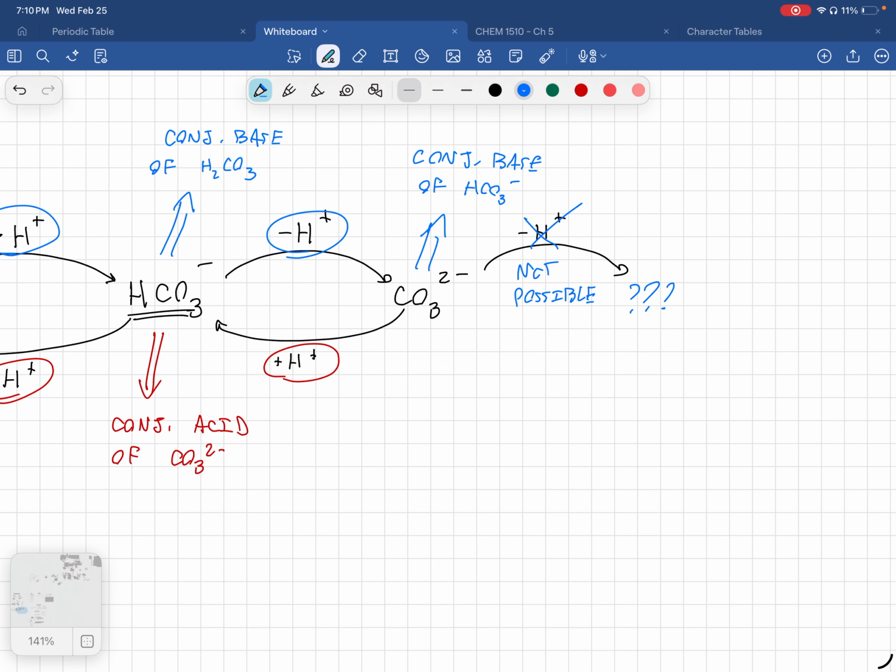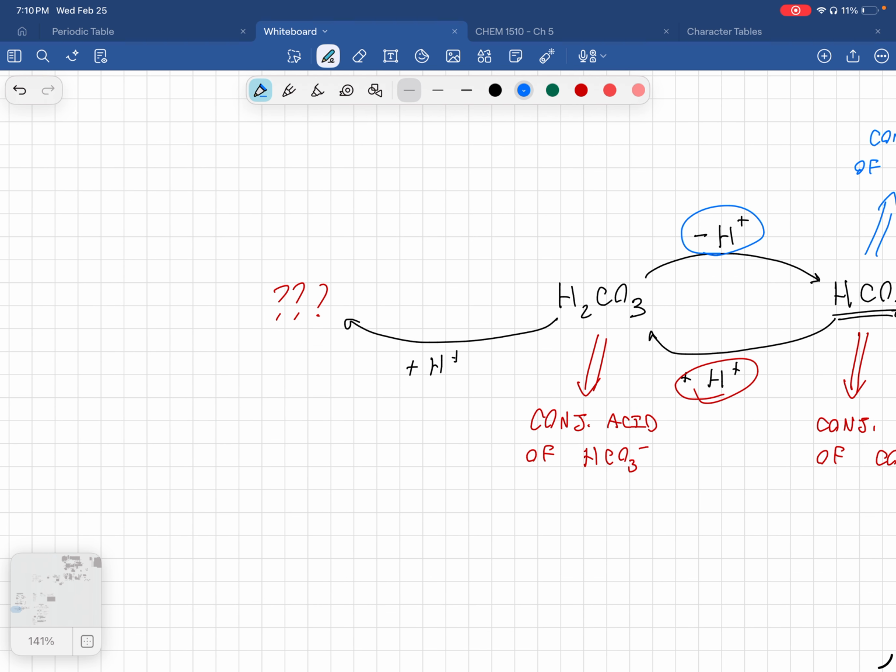There are no protons to remove, because that would mean that CO3 2- is the acid form. So there is no conjugate base of CO3 2- because there are no H atoms in the structure. It doesn't meet the criteria for it.